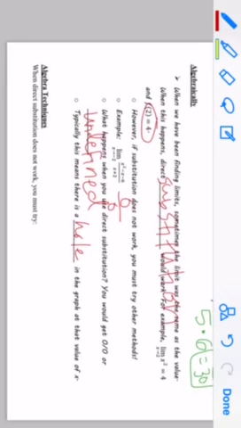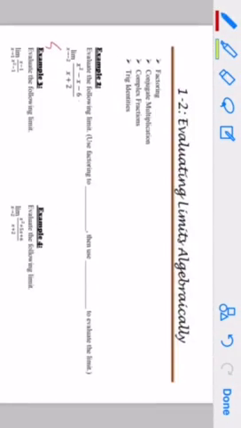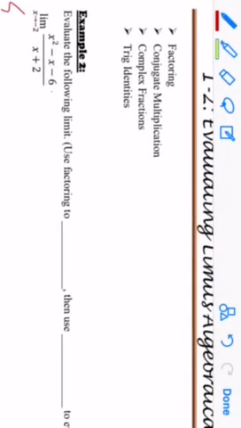So, when this happens, we need to try a few algebra techniques. Let me scroll to that, okay? Either factoring, conjugate multiplication, complex fractions, or trig identities. And today we're really just gonna do factoring, okay?